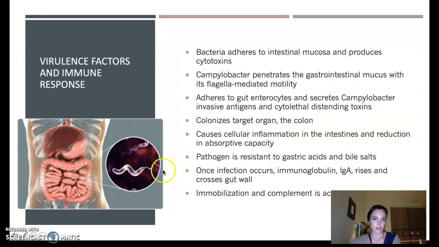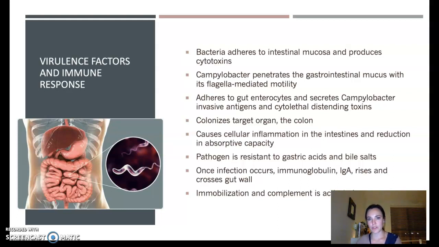So this is just a little picture of Campylobacter. As you can see, the flagellum is at one end of the pole and it has this S shape. It adheres to intestinal mucosa and produces cytotoxins, and so it penetrates through the gastrointestinal mucus with its flagellum-mediated motility towards that mucus.